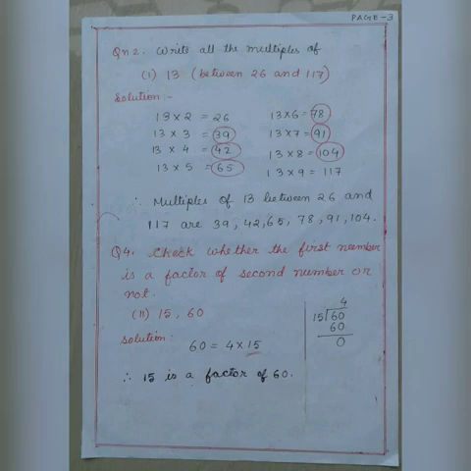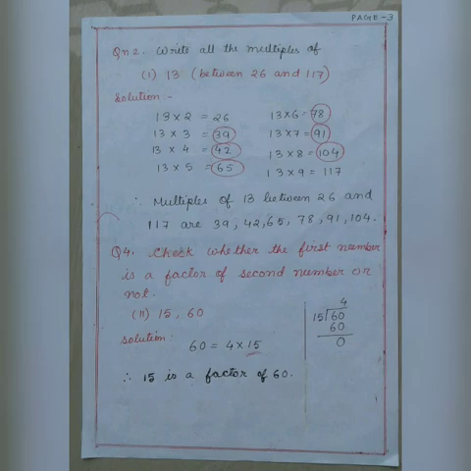Question number 4, check whether the first number is a factor of the second number or not. I have taken question number 2, 15 and 60. So I have to check if 15 is a factor of 60 or not.